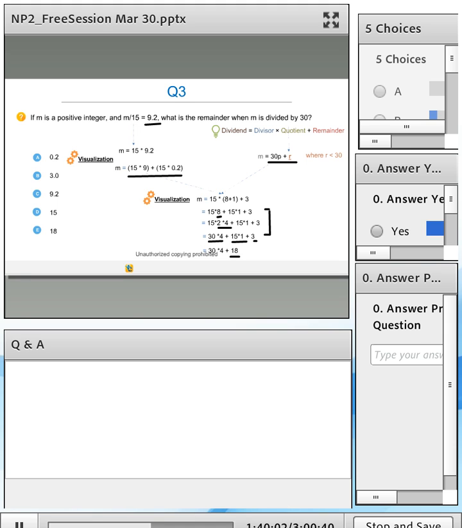I'm giving you a certain number of questions that can build your visualization skill. Given this equation, given this value of m, can I express it in terms of this number, wherein one part is a multiple of 30 and the other is a remainder? That is what you're doing.